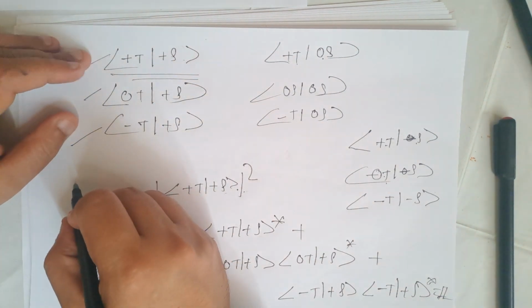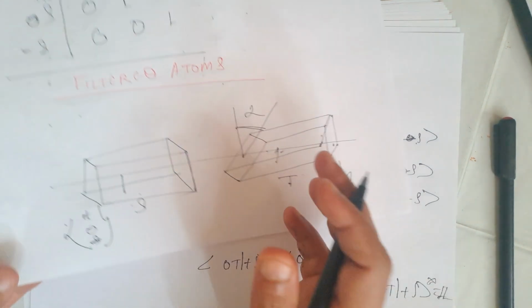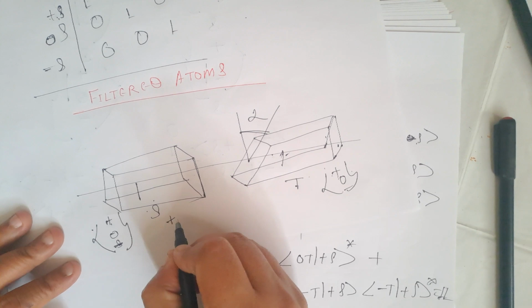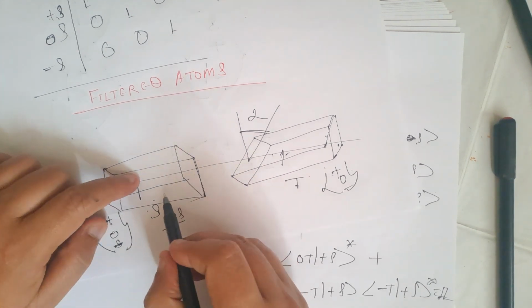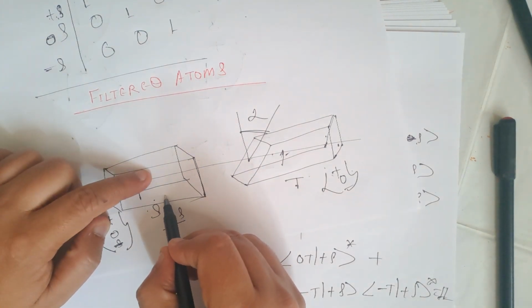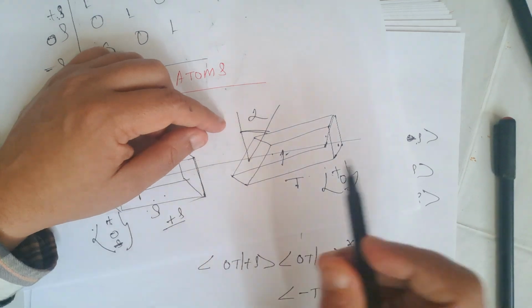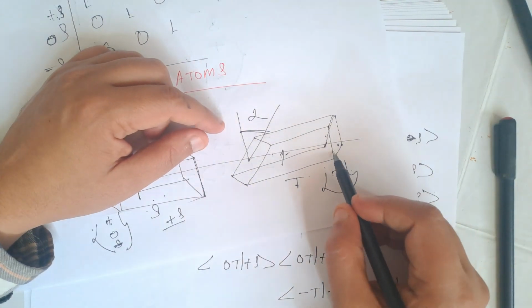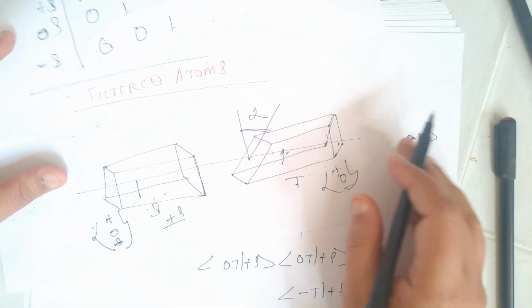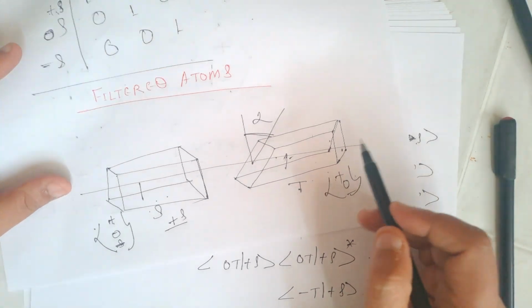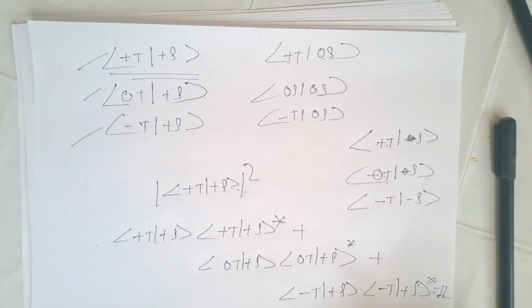So if atoms are in the plus S state in the first apparatus, the probability of getting into the second apparatus will be the sum of all these probabilities, which will be equal to 1.